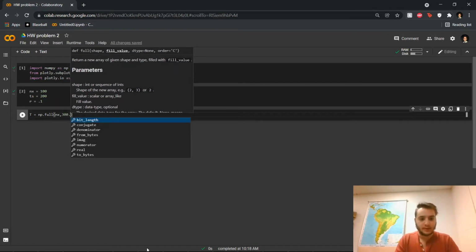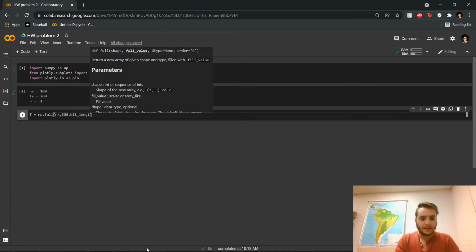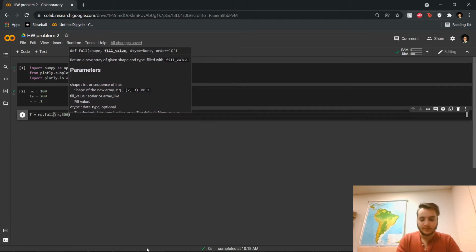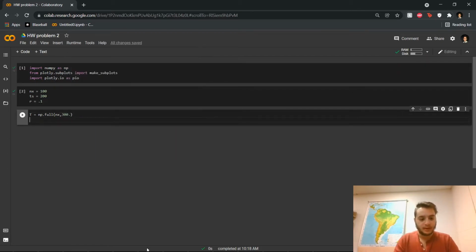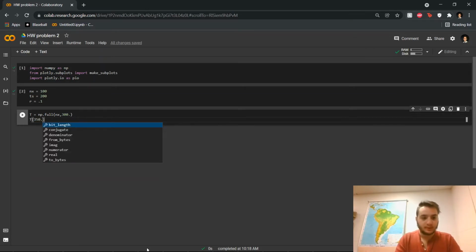And then at the very right side of it, the initial temperature is 350 Kelvin, so T[0] is equal to 350 Kelvin.